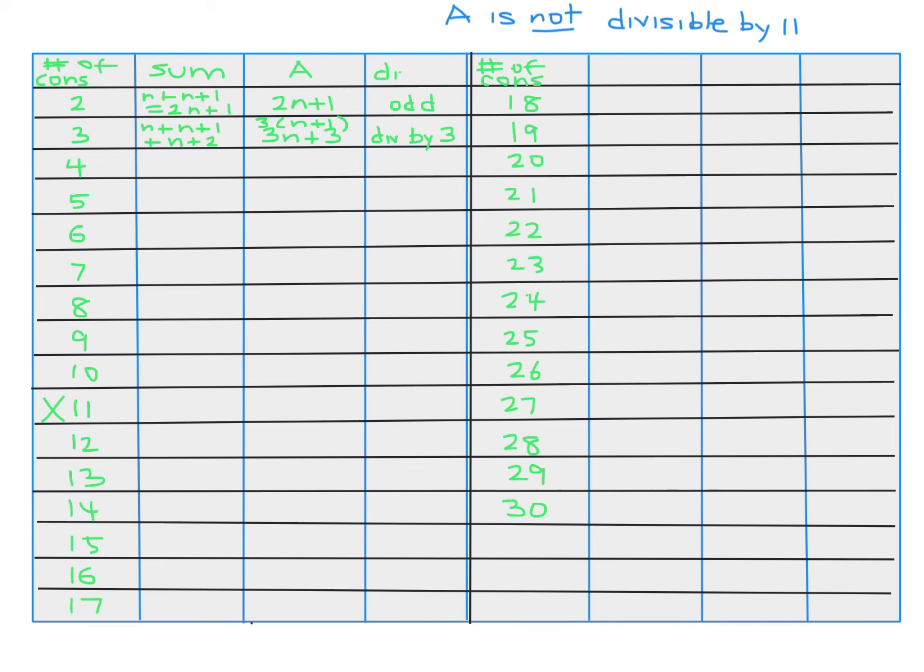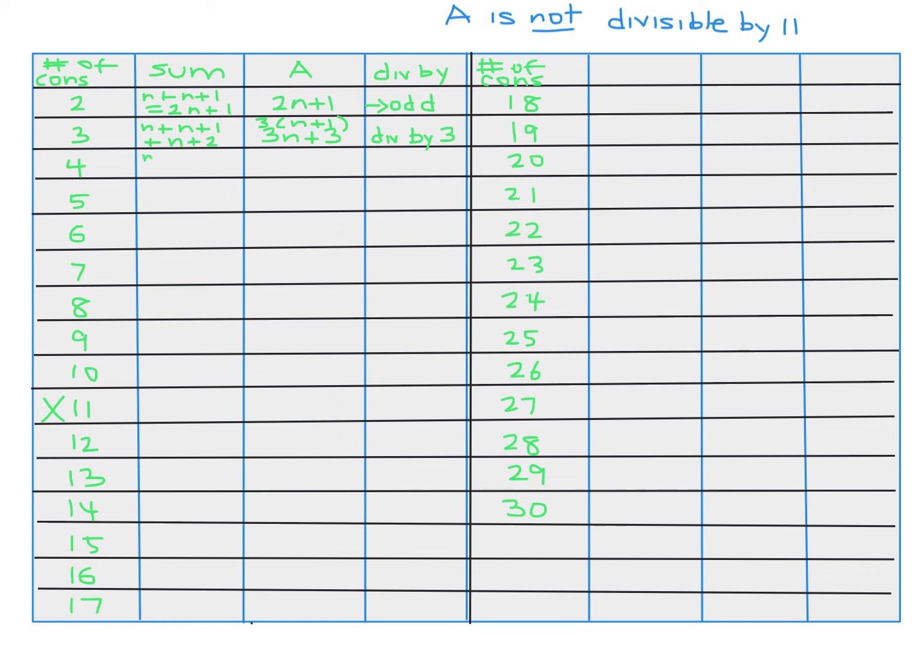A lot of these are going to be divisible by something, except this one, which just told me that it's odd. Let's keep going here. I won't bore you with the details; I'll just do a few more.